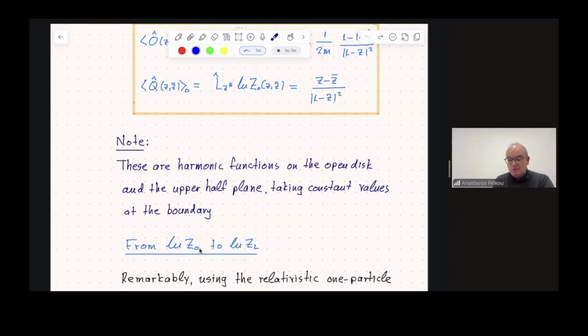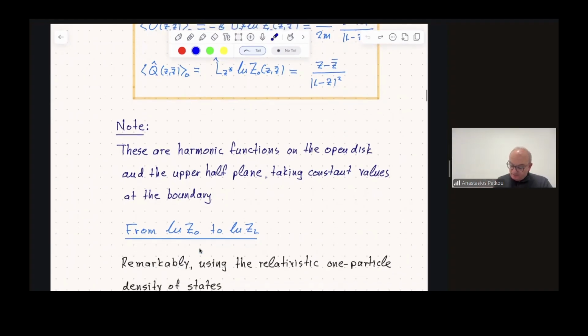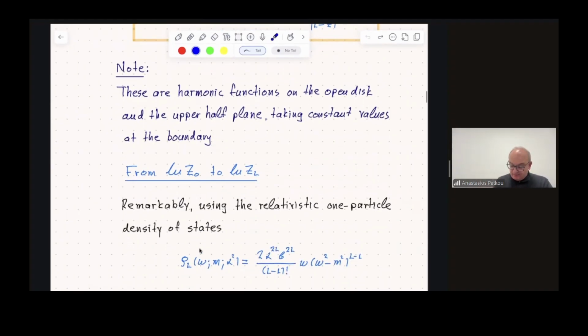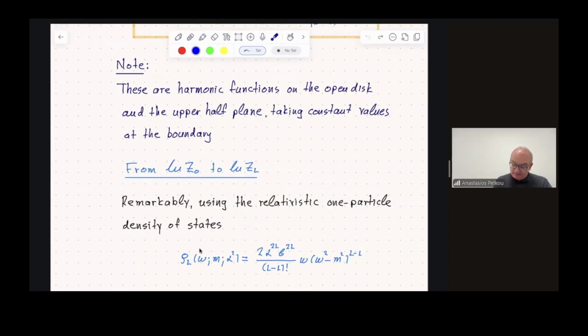So these may be words, but for some of you they may ring a bell in what people talk about recently, the AdS2/CFT1 correspondence. So essentially, these are like bulk-to-boundary propagators in the AdS2/CFT1 correspondence, and that should be relevant for what we discuss later.